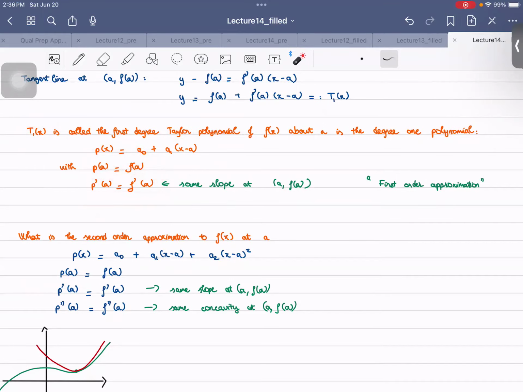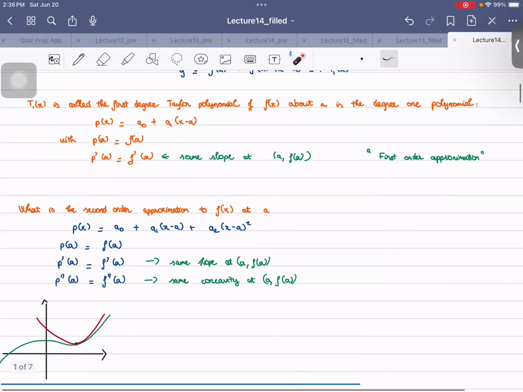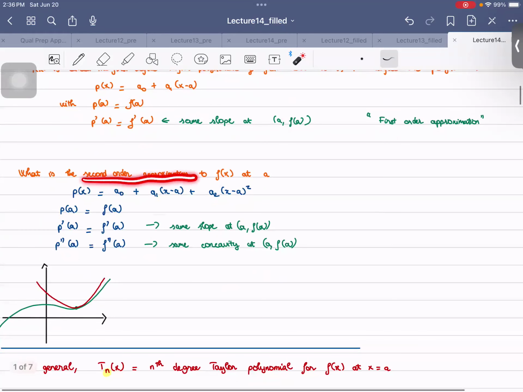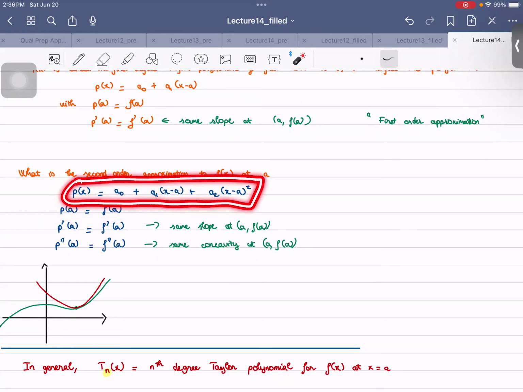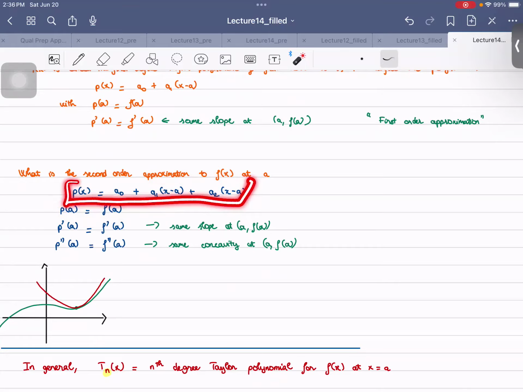For the second order approximation, it should carry more information compared to the first degree approximation. Firstly, the approximation will be a polynomial of degree two.